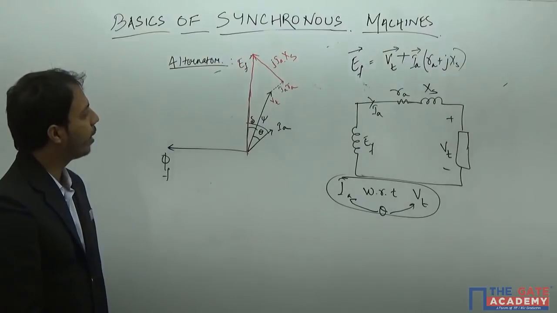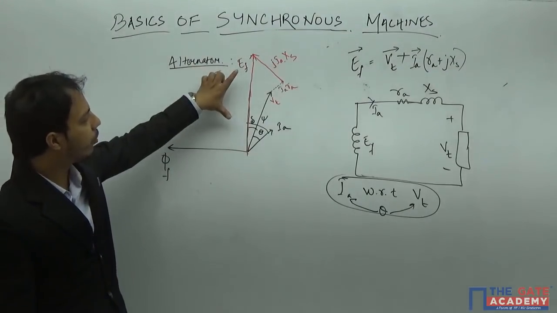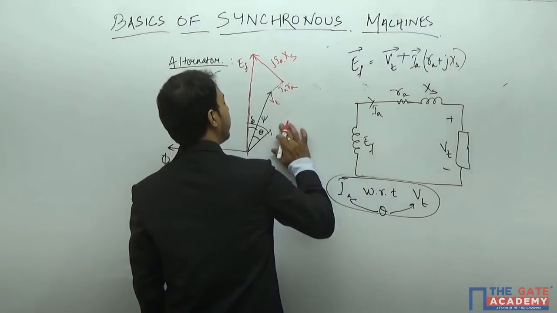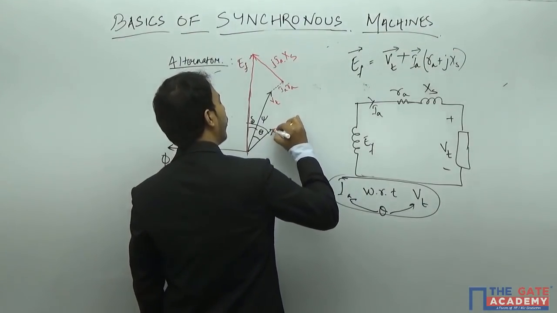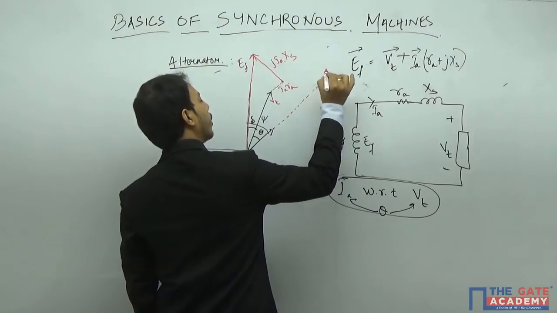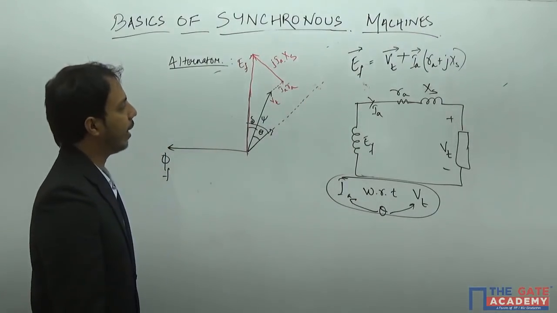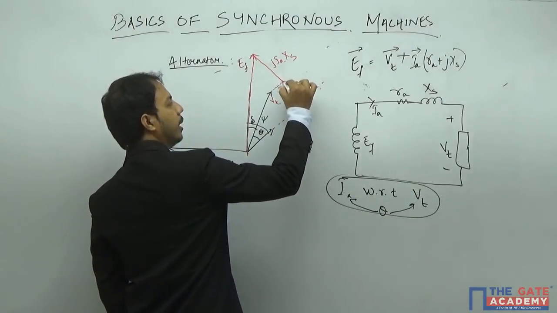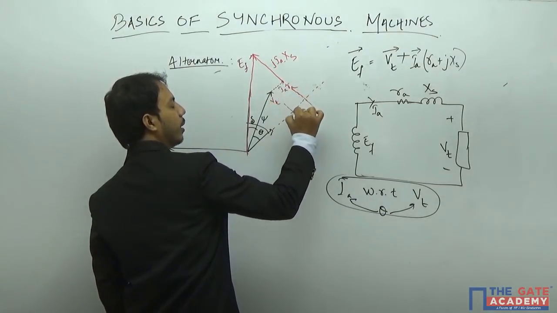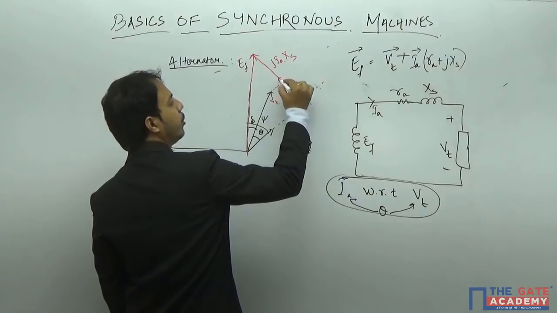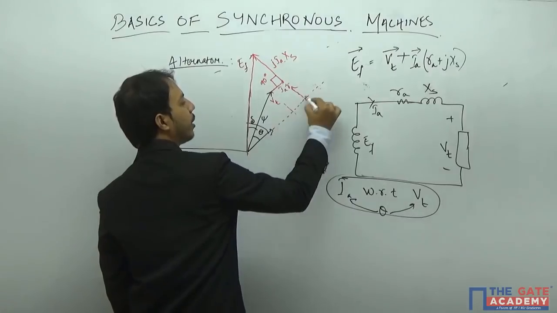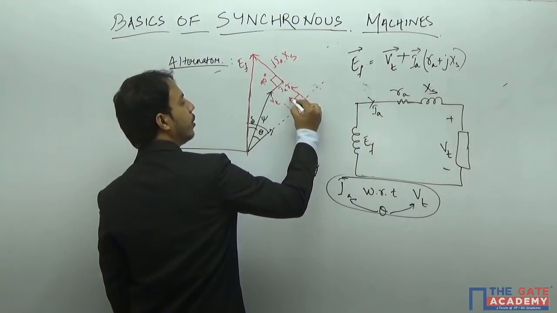I also can find out the magnitude of the EF, and this is very, very useful for analysis and calculation. What we have to do is extend this IA and extend this particular thing. I know this angle is 90 degrees and this line is parallel to this line, so this angle is also 90 degrees.